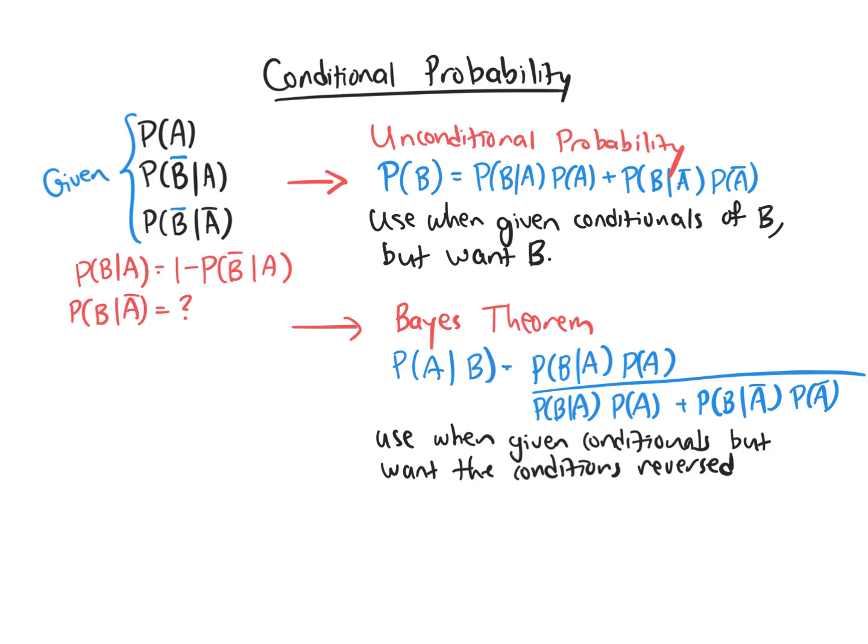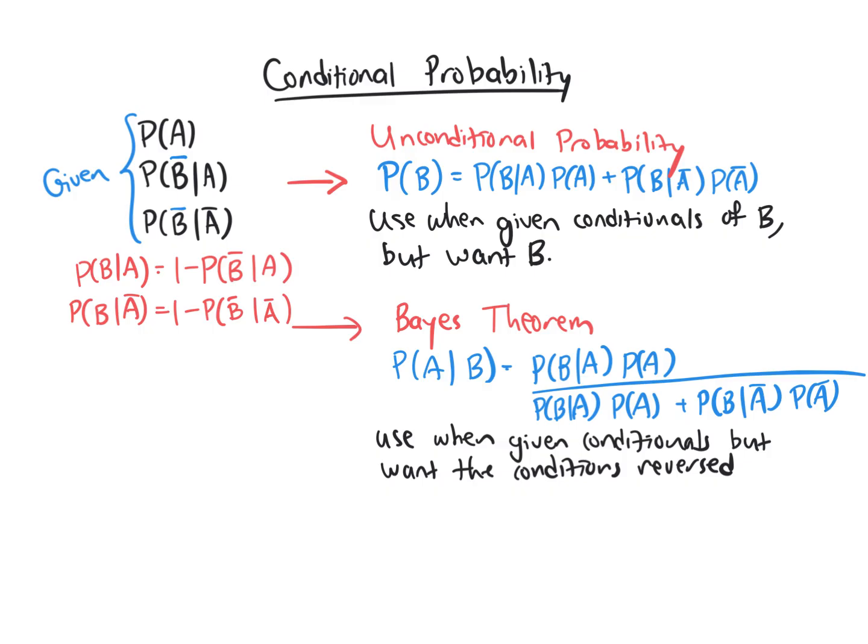Likewise, if the conditional was given in the reverse of what we wanted, well, we can't actually fix that. What we can do, again, is flip the event that you're looking at. So looking at that studying example, if A was that I study a lot, then A bar would be that I don't study a lot.